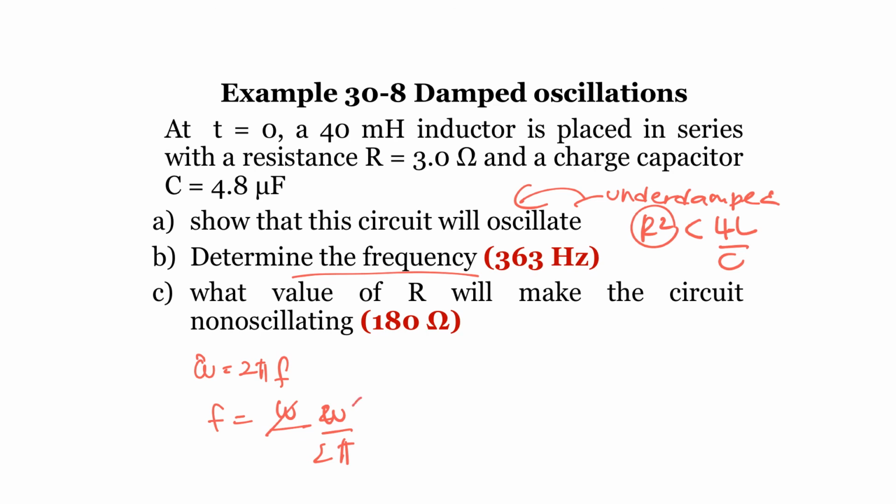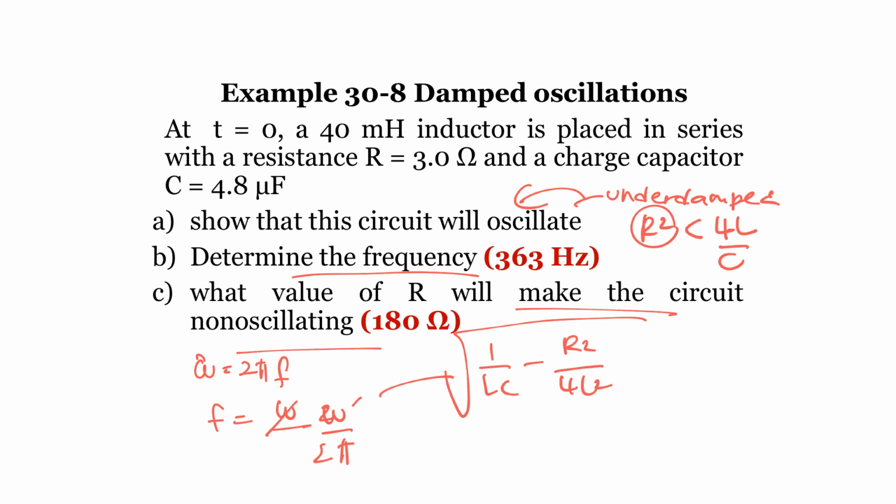It's going to be omega naught, because the formula has already changed, which means this one is the square root of 1 over LC minus R squared over 4L squared. Okay, so you put all the numbers in, and supposedly you're going to get the answer, which is 363 hertz.